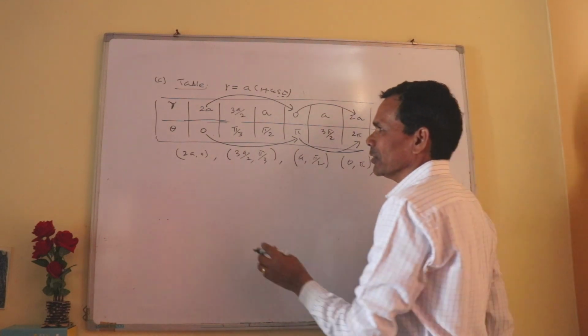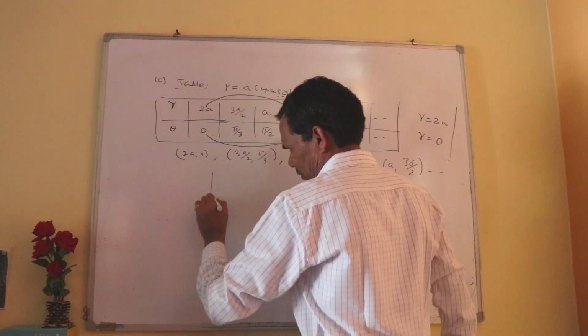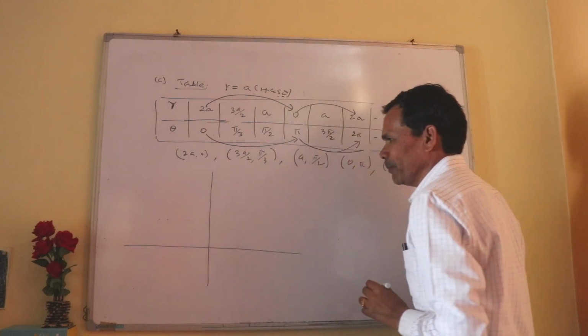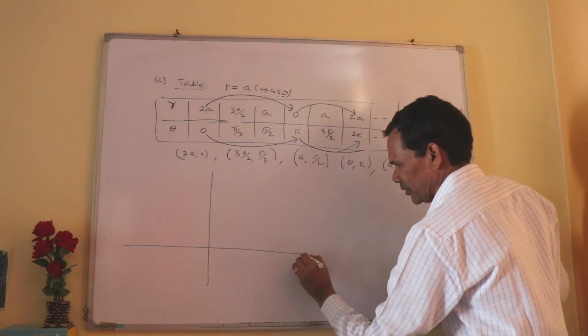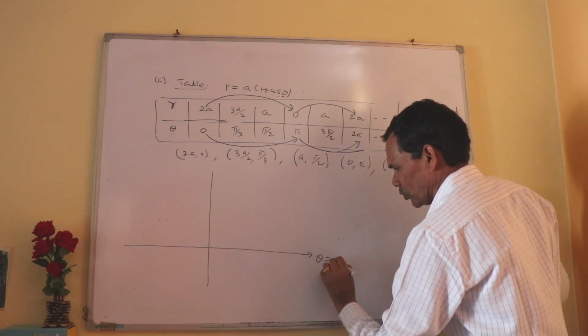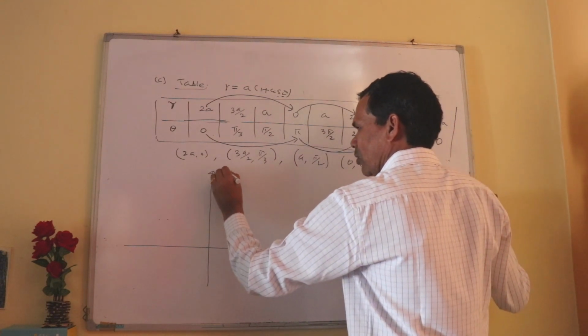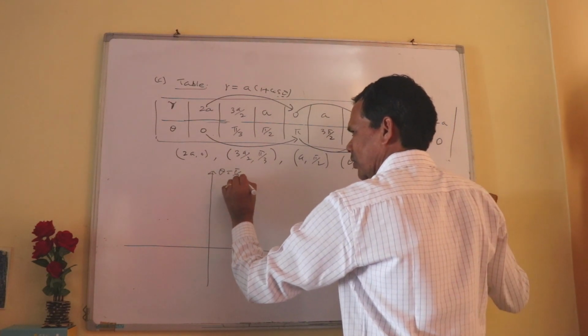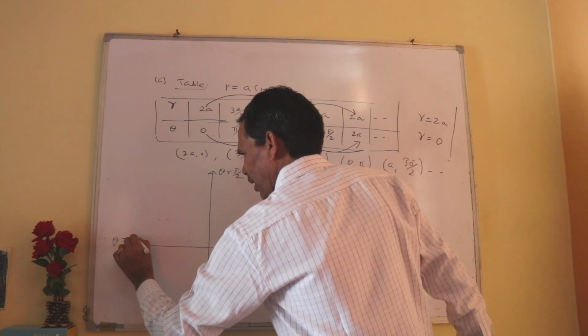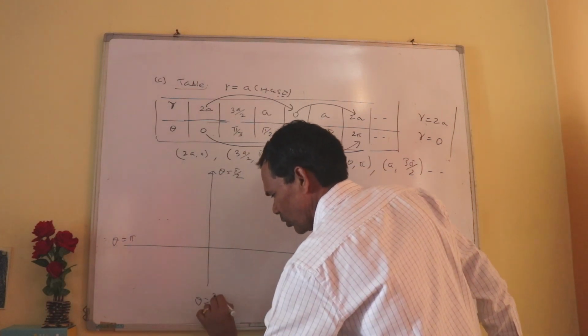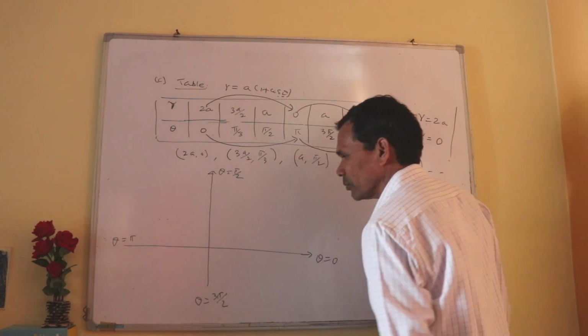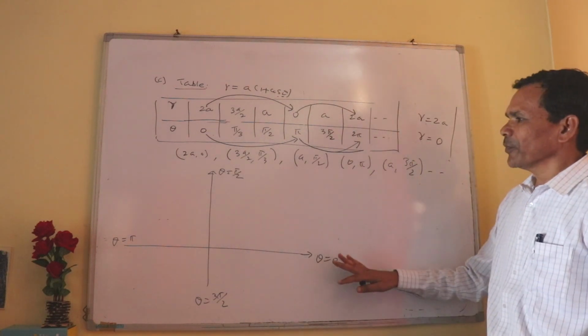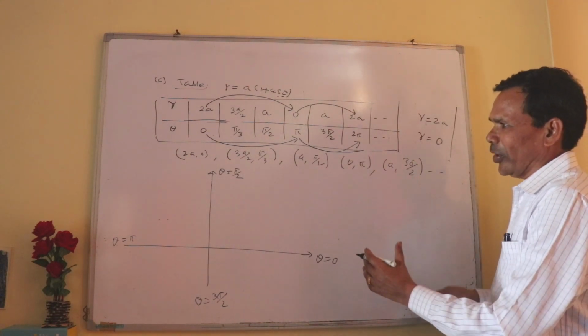So we look at this in the plane. This is the approximate shape of the curve. We try to locate this. This is theta equal to 0, this is theta equal to pi by 2, this is theta equal to pi, and this is theta equal to 3 pi by 2. Now we try to locate these points in the plane.